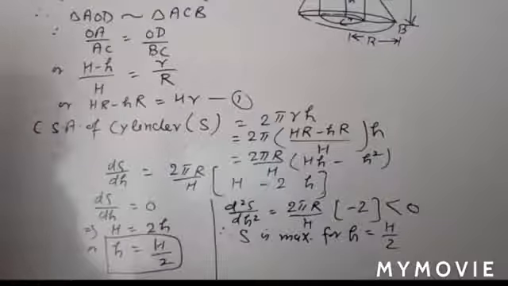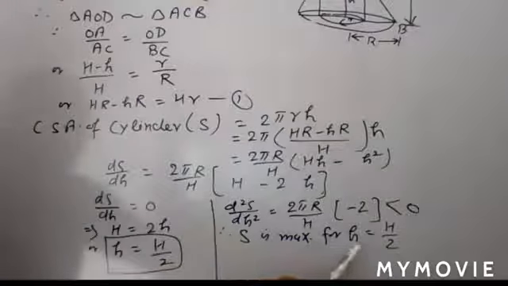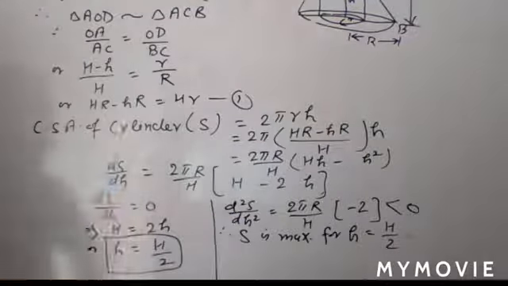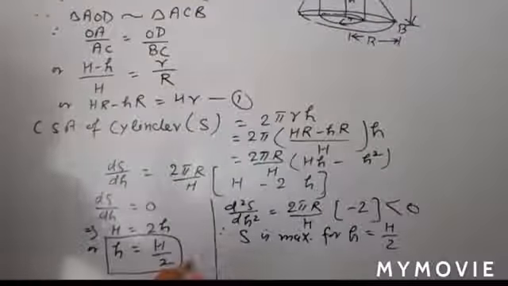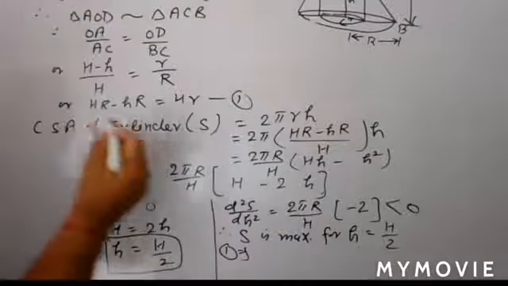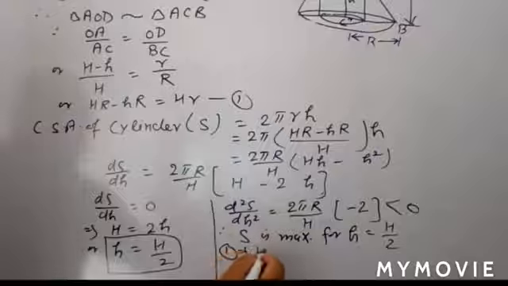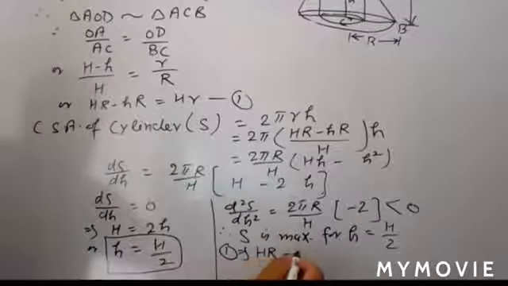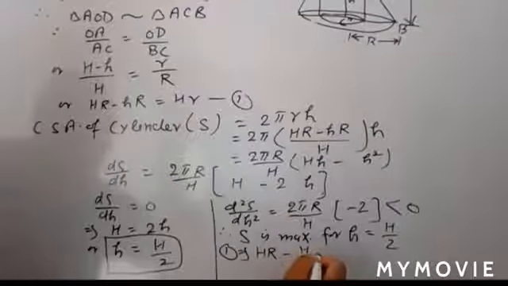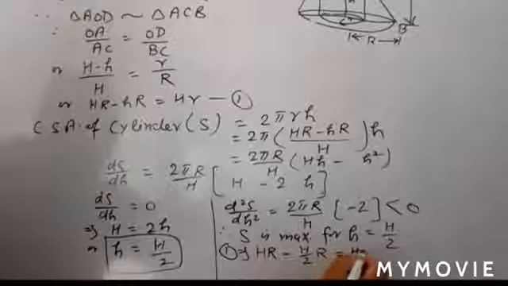Now you have to find the relation between the radius of the cylinder and the radius of the cone. So what you do? Putting this value of h equal to H by 2 in the first equation and getting the relation between small r and capital R. In the first equation, you have capital H into capital R minus small h, so in place of small h you write H by 2, into capital R, is equal to capital H small r.